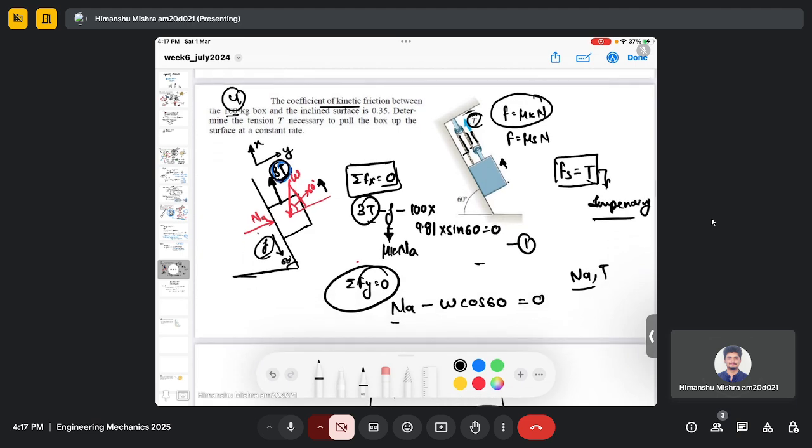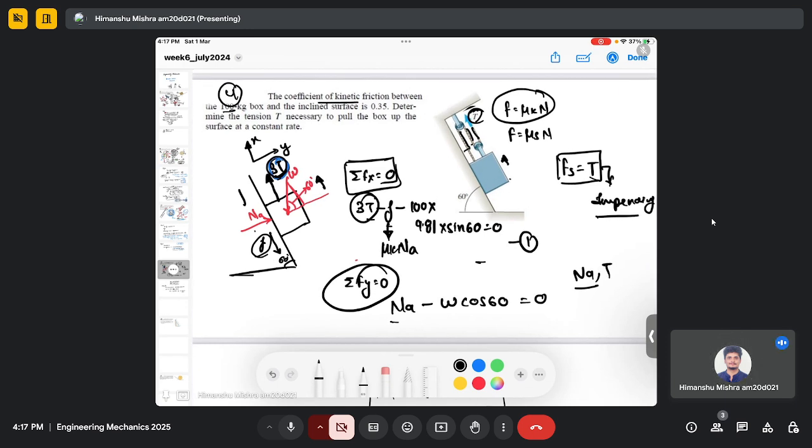Okay, so basically the way we are applying force determines the direction of friction, and not how it's going to fall down, right? Basically, the direction of motion describes the direction of the friction force. So if the body is moving in the downward direction, then the friction force would act in the upward direction. But since the body is moving in the upward direction, the friction force should be in the downward direction.